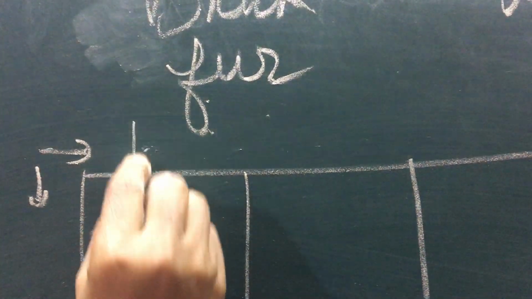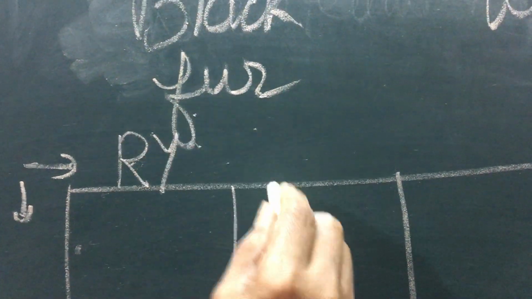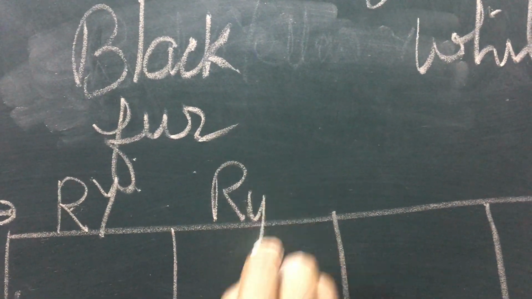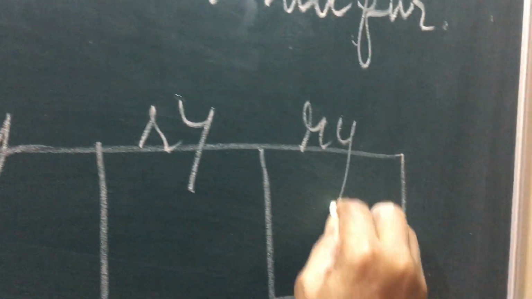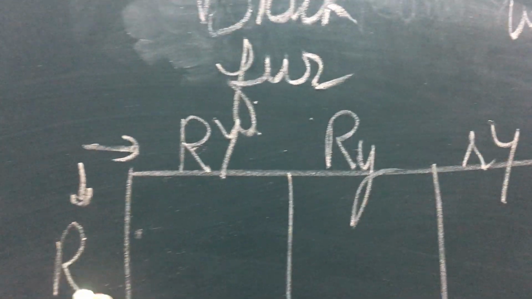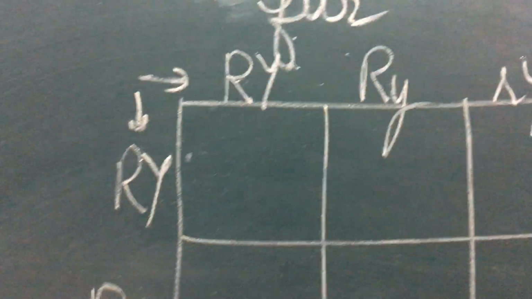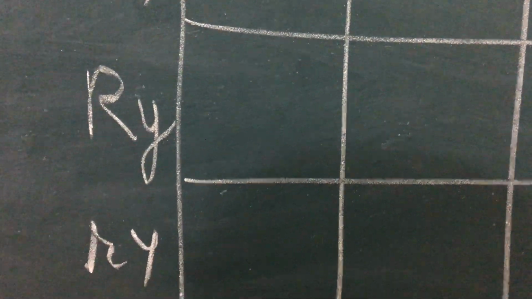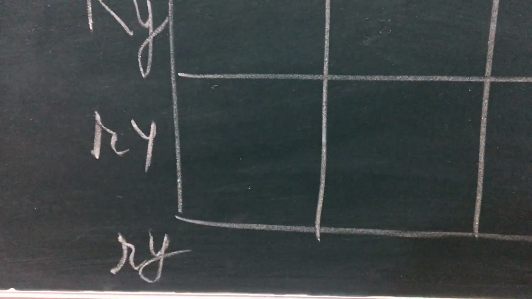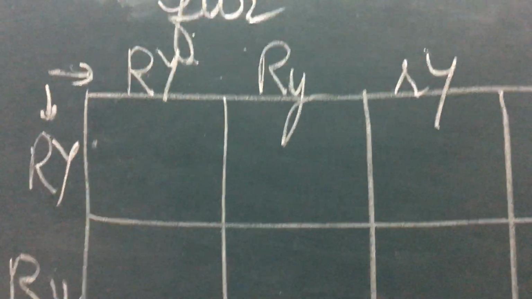So we took it like this: capital R, capital Y, capital R, small y, small r, capital Y, small r, small y. And here we have taken capital R, capital Y, capital R, small y, small r, capital Y, and small r, small y. So these are the male gametes, and these are the female gametes.